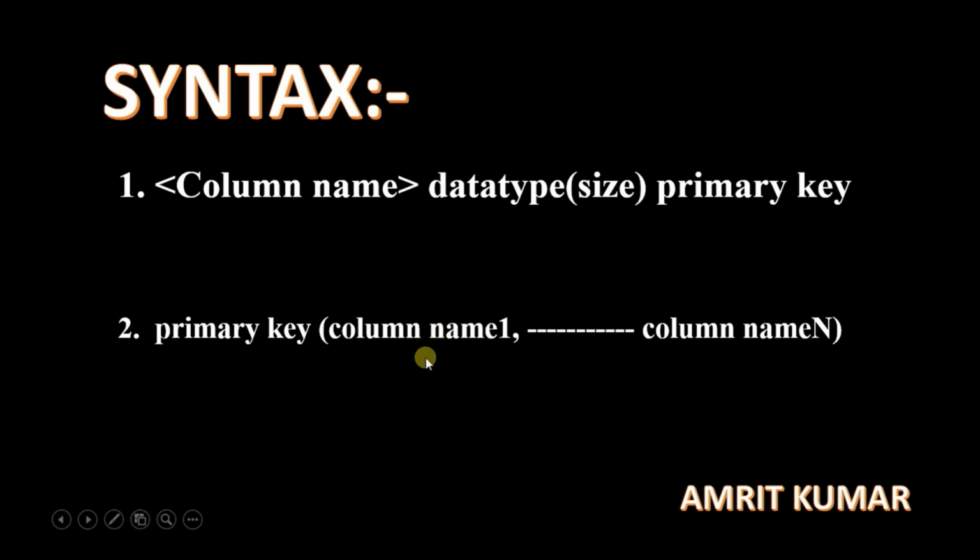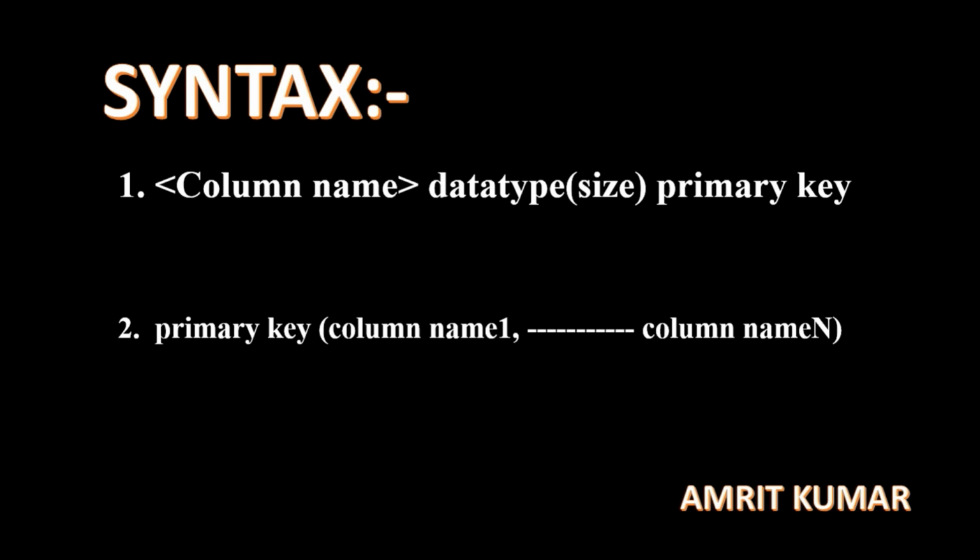Column name 1 might be EID, employee ID, column name 2 might be S name or anything like that. This is how we can apply primary key on the table or the columns. This gives you the idea of how to apply primary key. These are the two methods we use in applying primary key on the table.